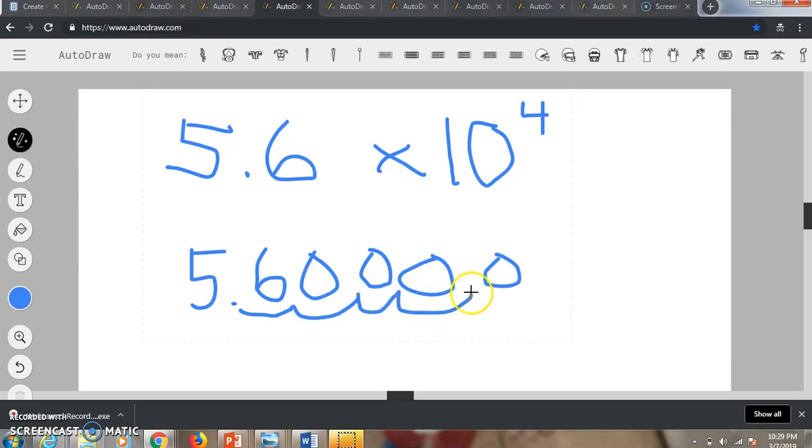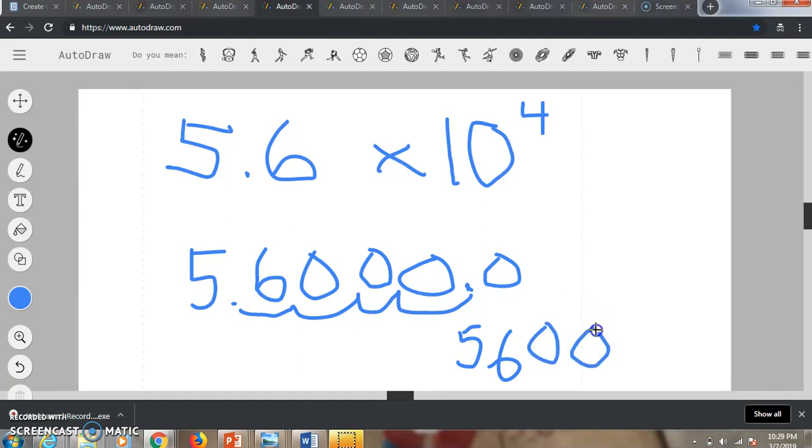So this would be where your new decimal would be here. So you'd rewrite the number 5, 6, and then these 3 zeros, 1, 2, and 3, because you moved the decimal from here 4 places to the right, 1, 2, 3, 4 to get it into standard form.